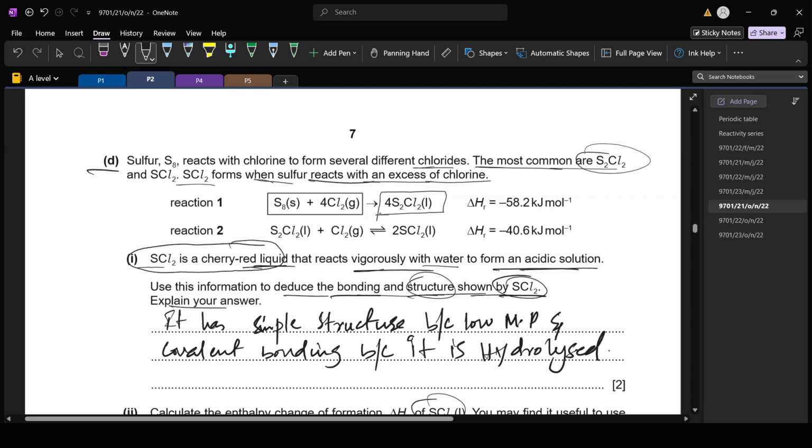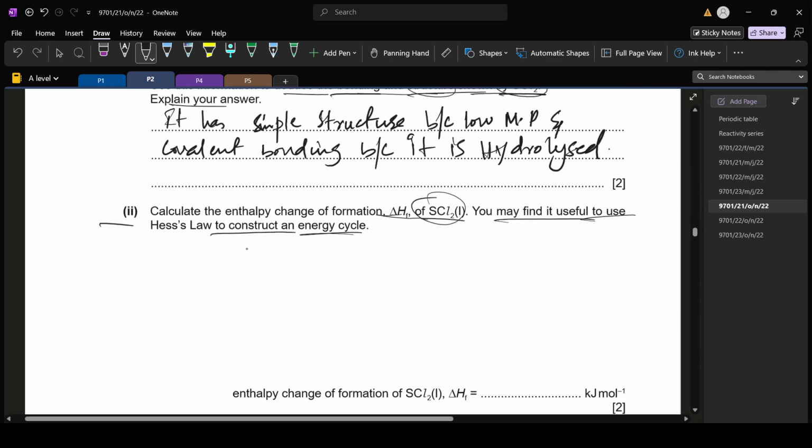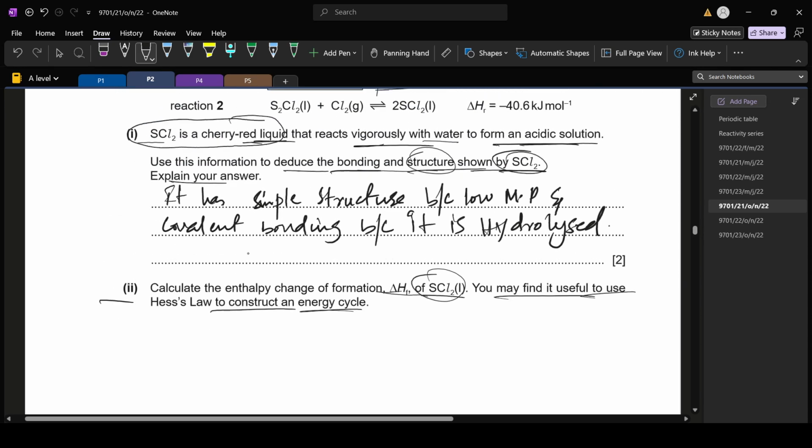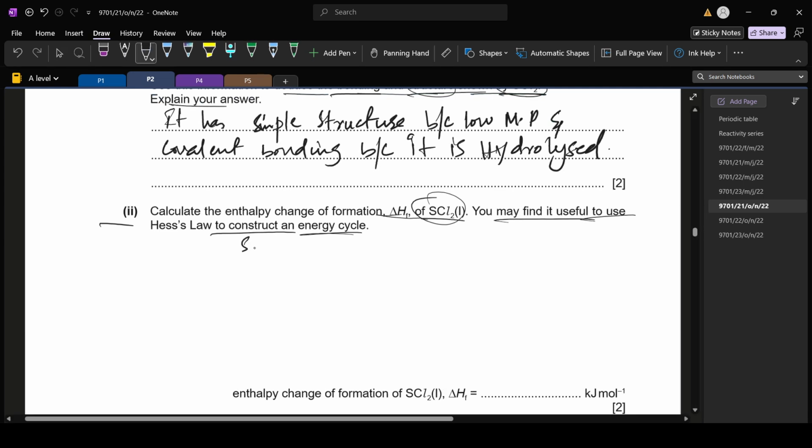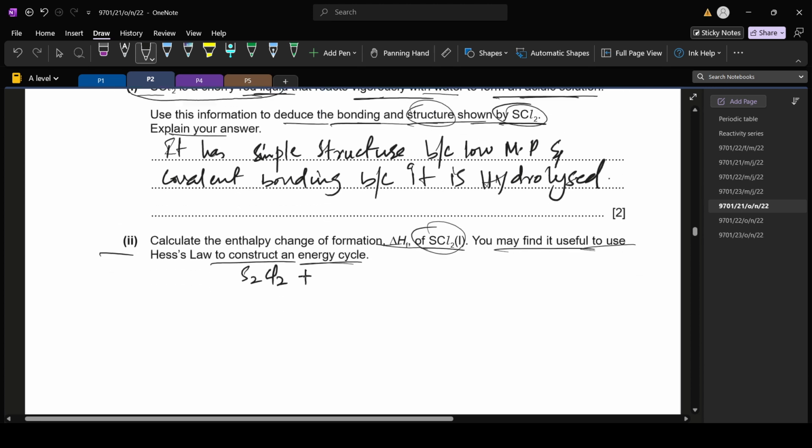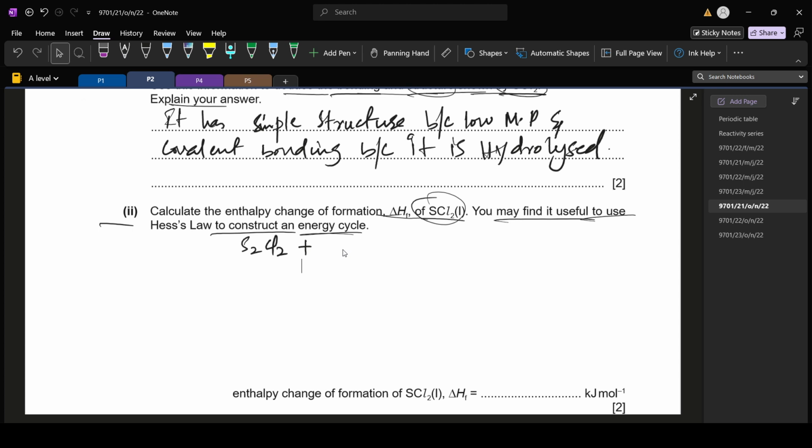So this could be the enthalpy change of formation if only 1 mole of S2Cl2 is formed. Now let's first write the equation of reaction 2. S2Cl2 plus chlorine gas. The S2Cl2 is in liquid state.